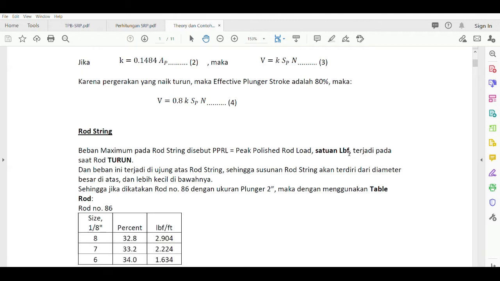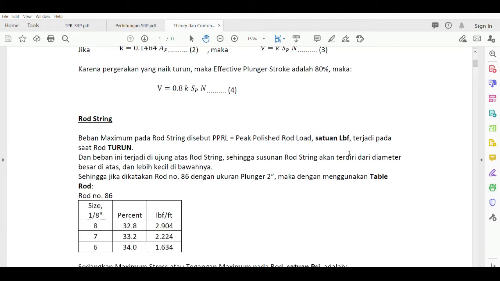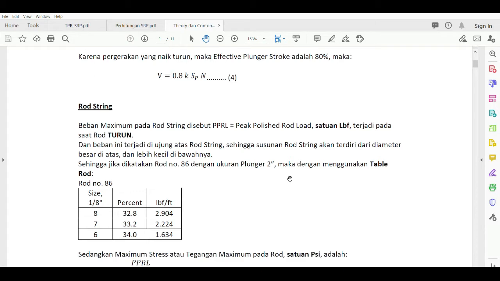And then we talk about rod stress. Remember that the rod itself, the top of the rod is the larger one, and then smaller, and smaller. If you see the polished rod load, it is pound force, and the maximum is when the rod is going down.